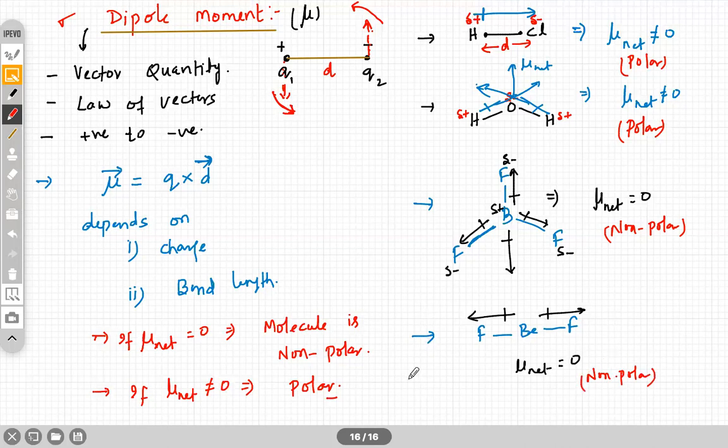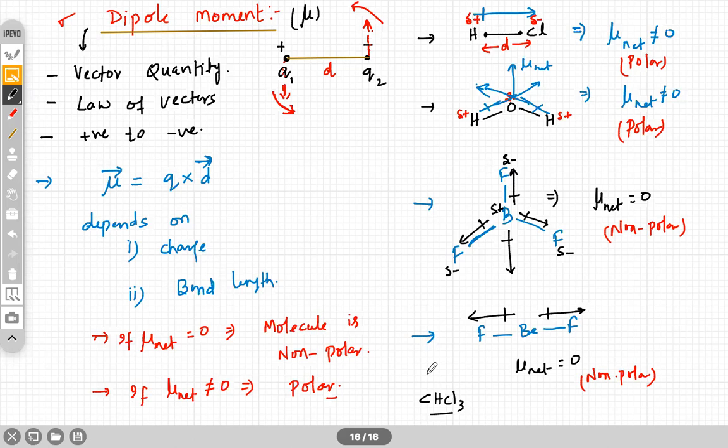Okay, CHCl3, polar or non-polar? Tell me. CHCl3 is also polar because we have carbon-hydrogen, we don't consider the electronegativity difference.